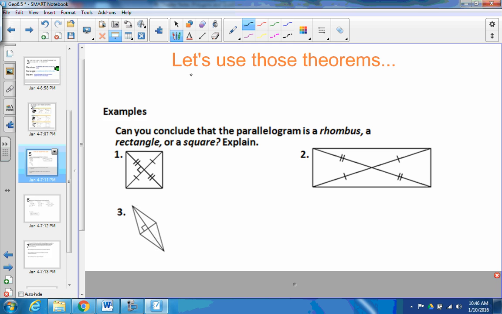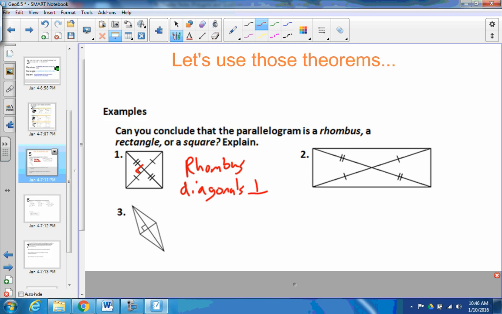We have this nice little right angle symbol, which means that we can prove that it's a rhombus because the diagonals are perpendicular. Now, I don't think we can say anything else about it because we don't know if the diagonals are congruent. We don't know if the diagonals bisect the angles. We're just going to leave it as being a rhombus right now.